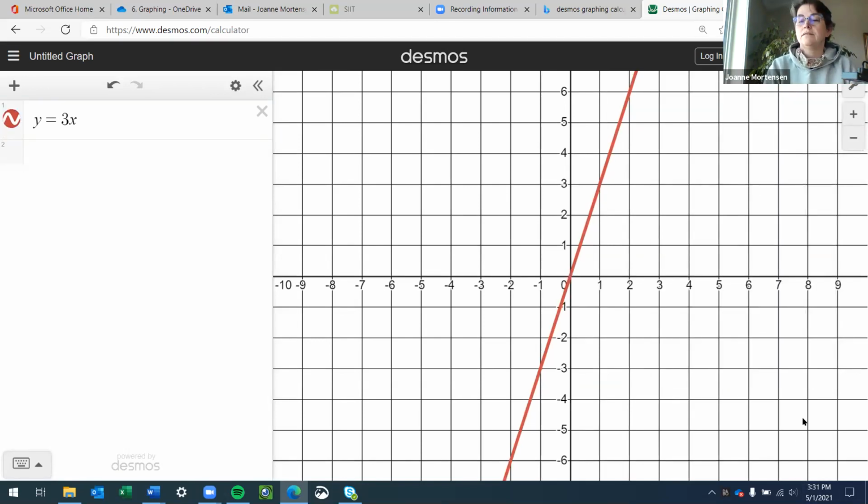It's an equation. Here's my equation over here. This is what I like about Desmos. You would probably just get this picture. So I am going to label quadrant 1, quadrant 2, quadrant 3, quadrant 4.